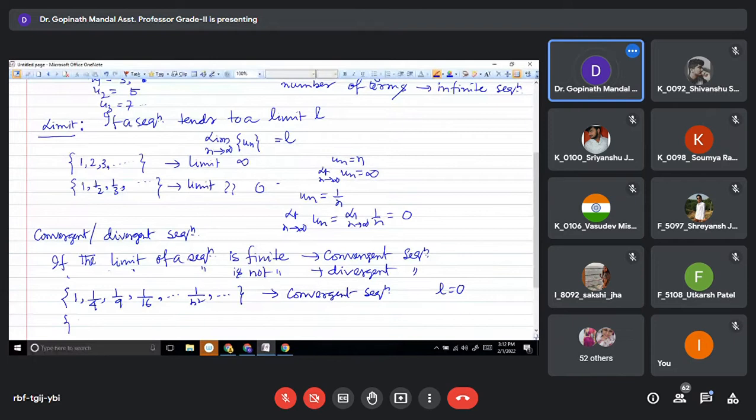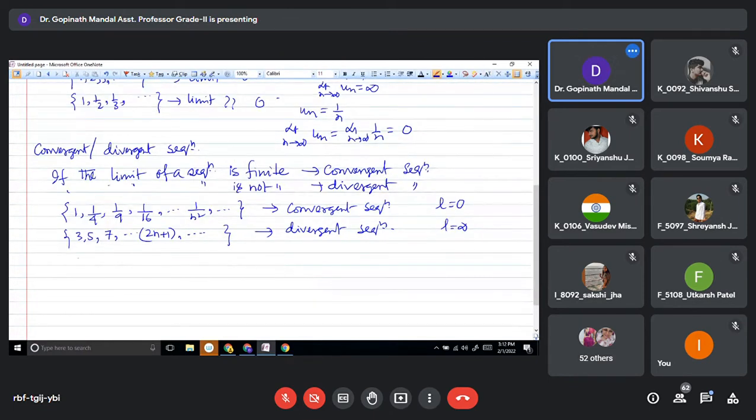And suppose the sequence 3, 5, 7, 2n plus 1. This limit will be infinity. So this is a divergent sequence because L is equal to infinity.